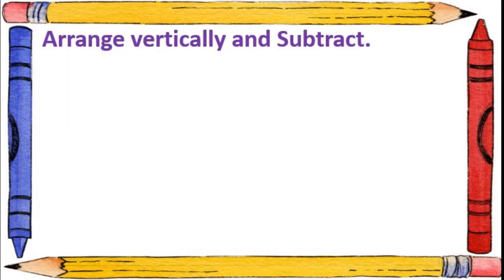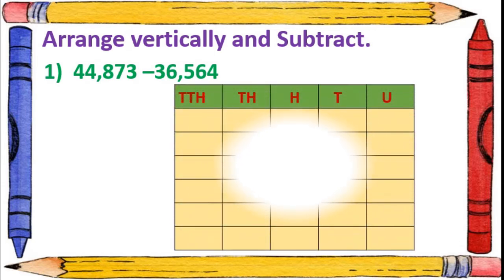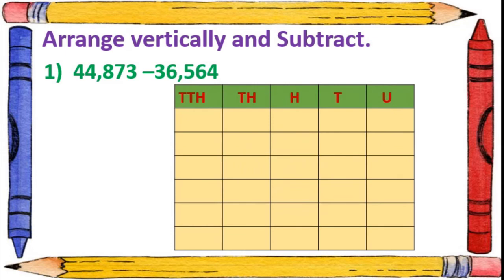Arrange vertically and subtract. Again 5-digit number is there. You know vertically means in standing position. One number, that is the bigger number, will come up and the smaller number will come below that bigger number. We will start writing.